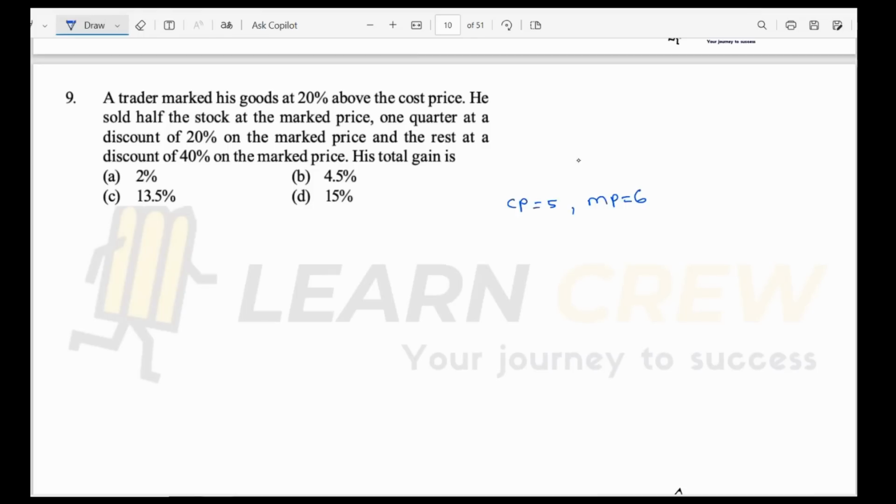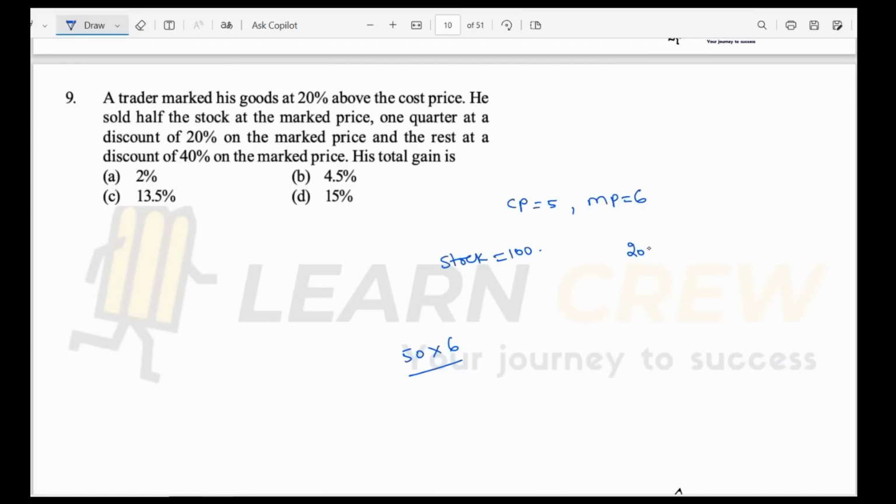Let us say the total stock is 100. 50 he is selling at market price only. Next, 1/4 at a discount of 20%. 20% means 1/4 or not?